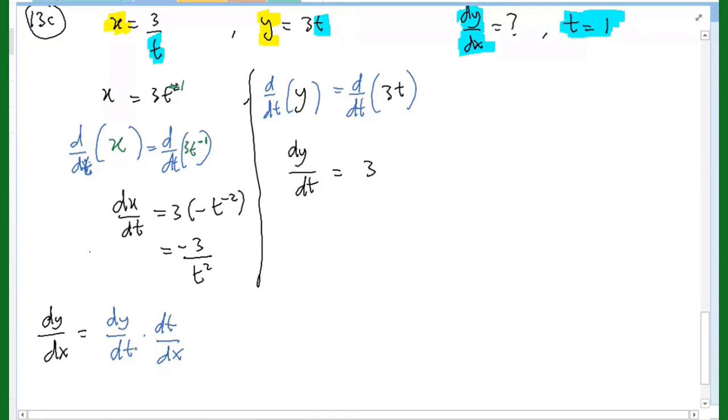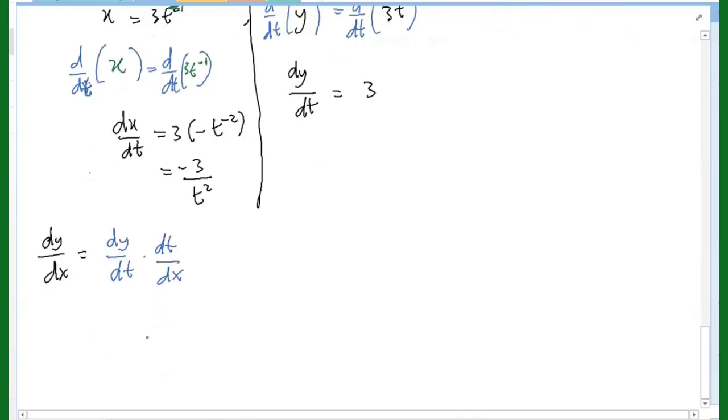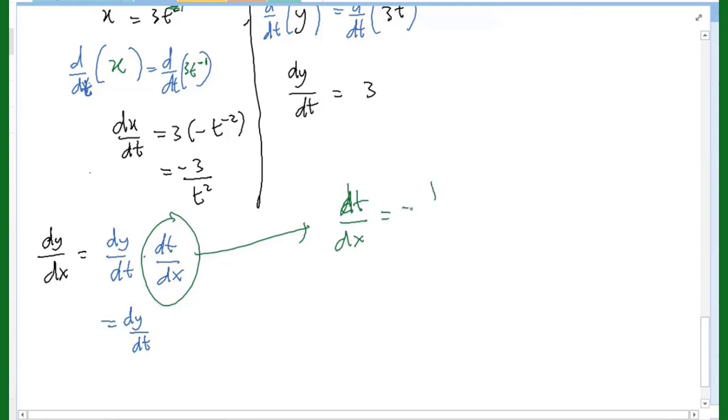So adjust with the chain rule. dt over dx is equal to 1 over dx over dt.